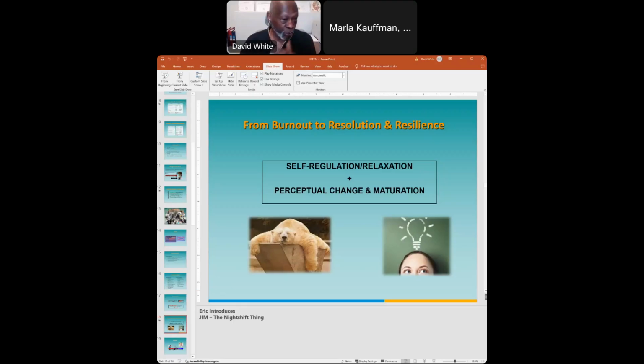And one of the things that we do in forward-facing resilience is to give you some skills for how to deal with self-regulation rather than relaxation per se.